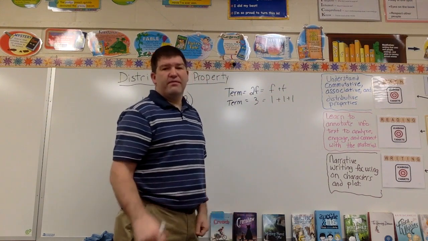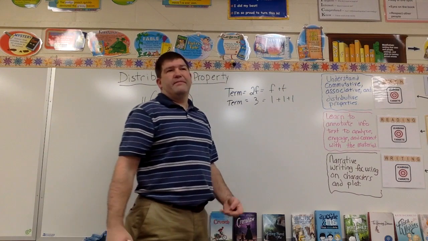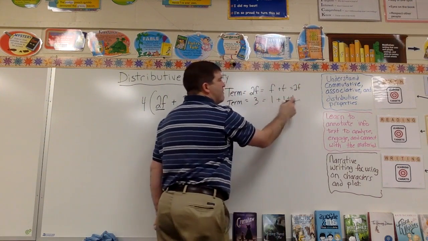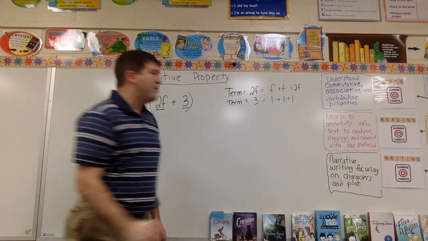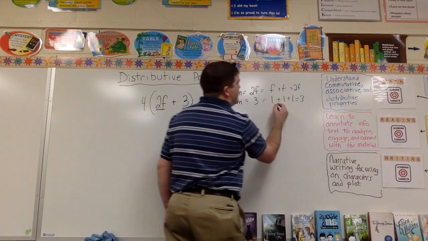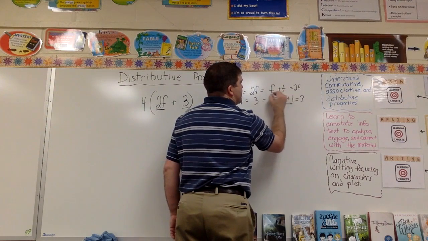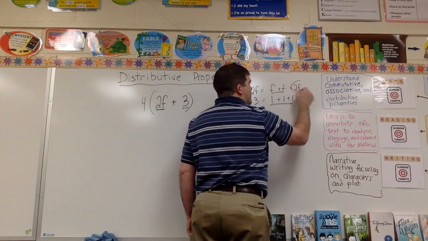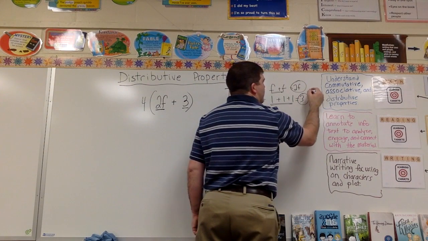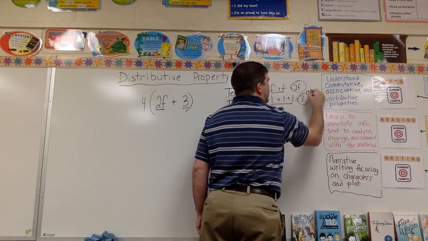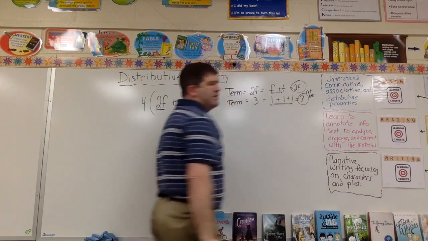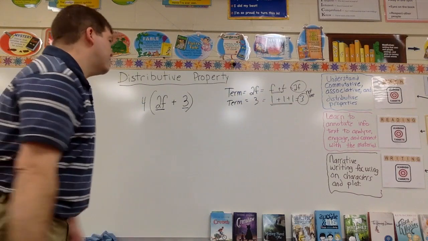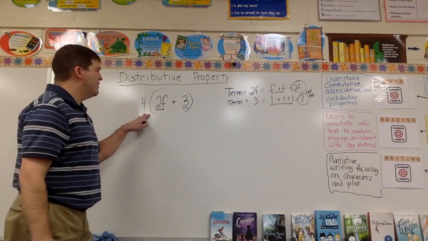So when I have 2 f's, I can multiply that together and have 2f. I have 3 1's. So 3 times 1 is 3. These are like terms. This one and this one are not like terms. They're not the same. They mean different things.